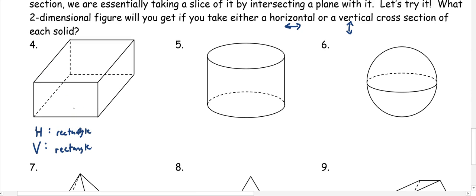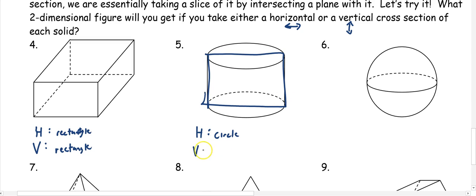In number 5, if I cut horizontally, parallel to the base, since the base is a circle, when I cut across, I also get a circle. When I go vertically across, think about if you cut a cake in half, the shape that you are going to get is a rectangle. Number 6, we have a sphere.